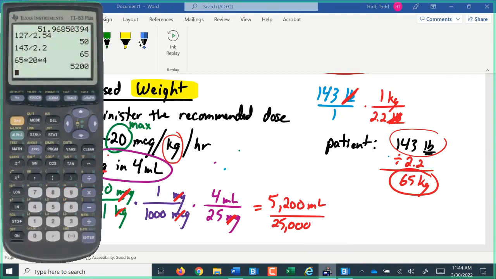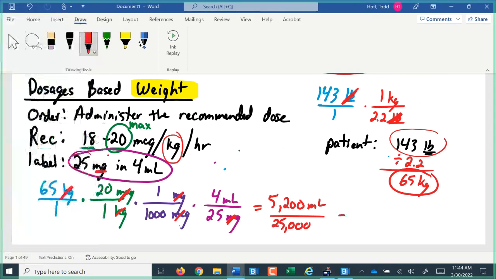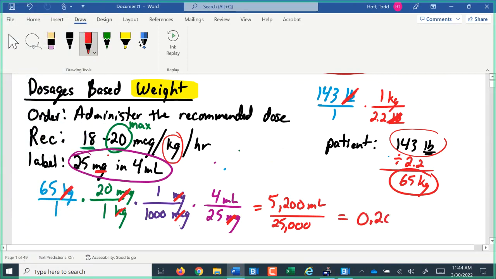And we go ahead and divide this out. 5,200 divided by 25,000 gives us 0.208 milliliters of fluid that would be administered to that patient for that recommended dose.